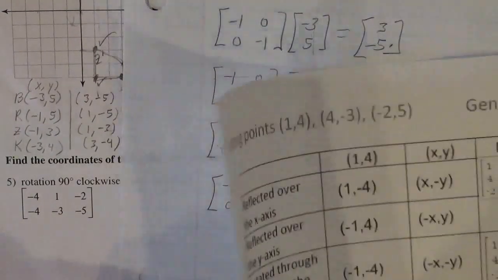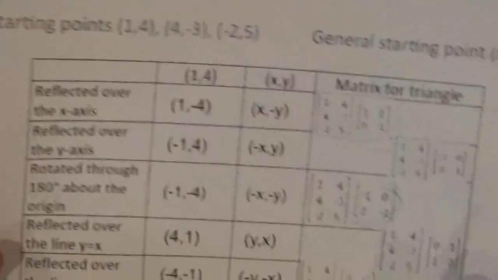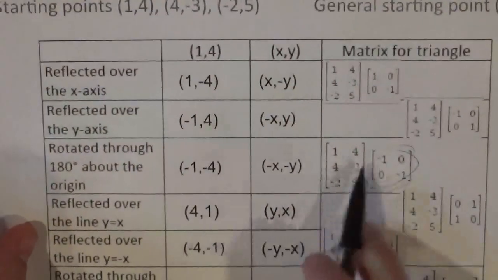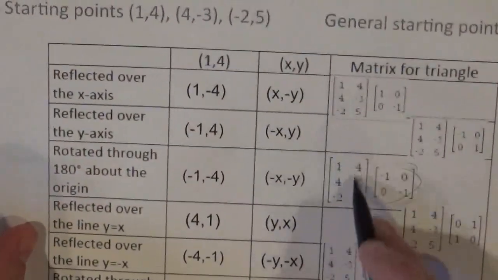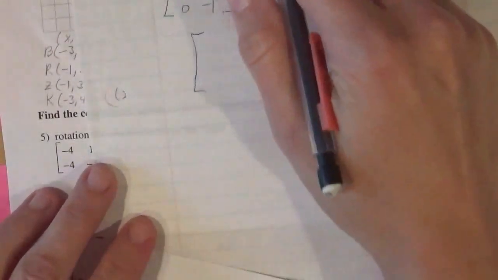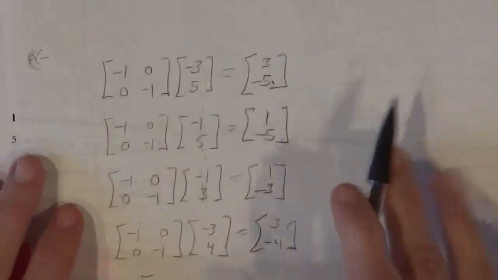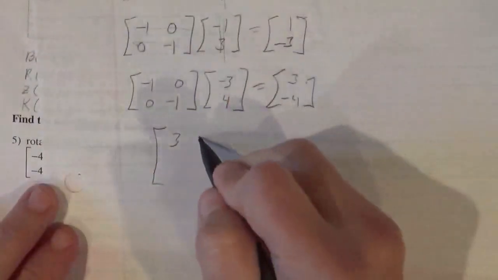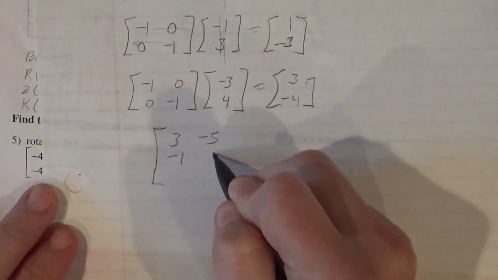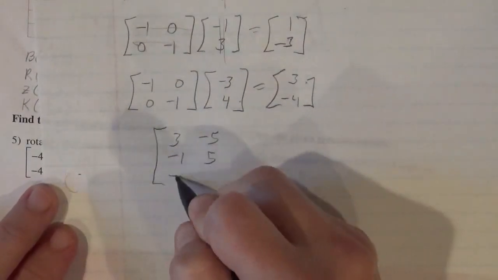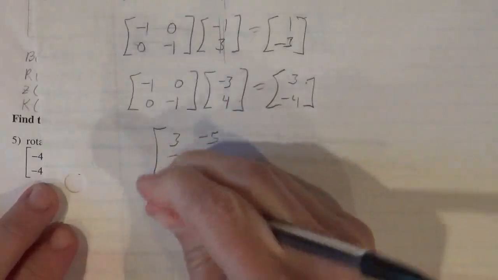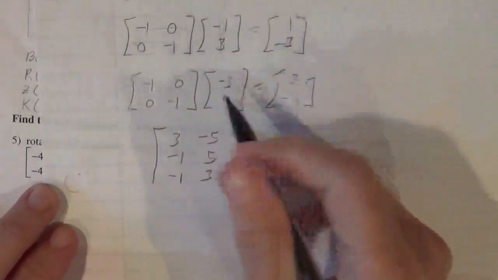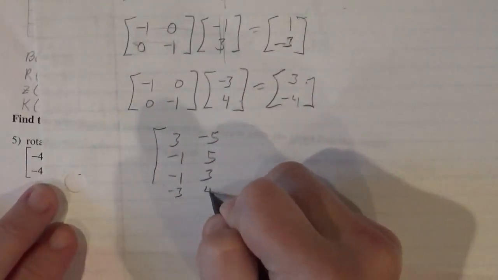Again, I did them all separately here, but the way they show it on our cheat sheet is that you can do them all at once. So I'll show you that. If you took all our original ordered pairs, we had 3, negative 5, negative 1, 5, negative 1, 3, and negative 3, 4.